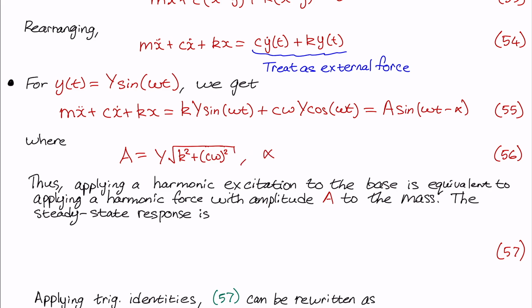And then alpha here is the inverse tangent of minus c omega over k.